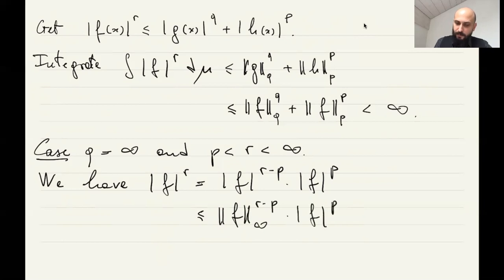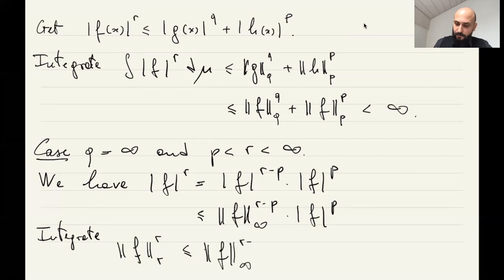Now we integrate, and we get that the r power of the r norm of f is less than the essential sup of f to the power r minus p times the p power of the p norm of f, which is finite.